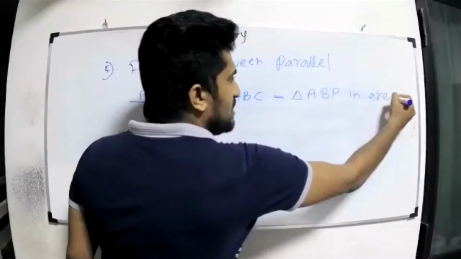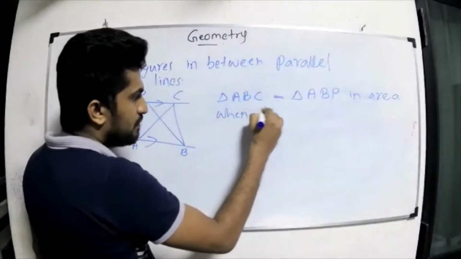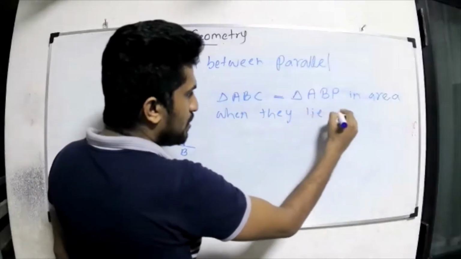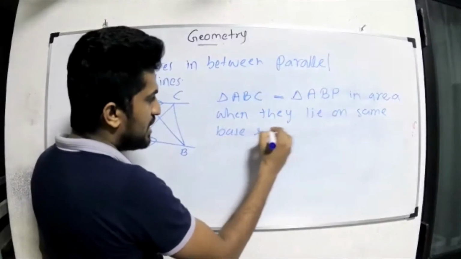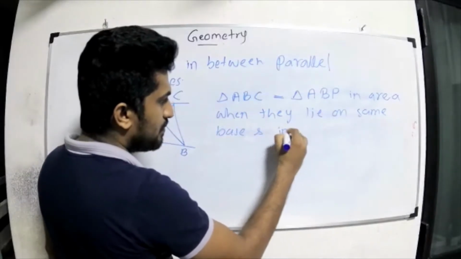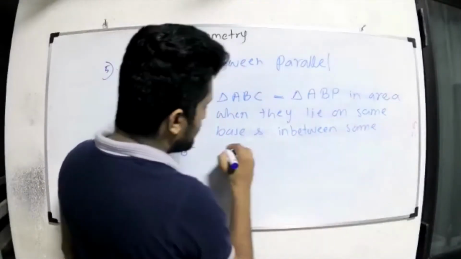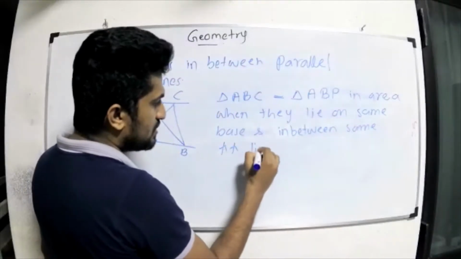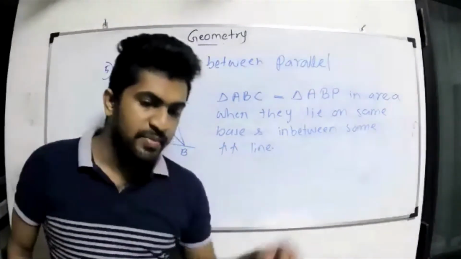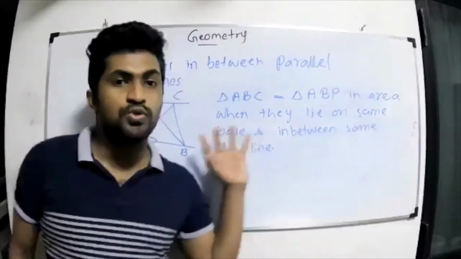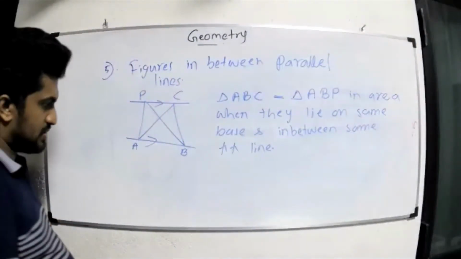Two triangles are equal in area when they lie on the same base and in between the same parallel lines. If the two triangles lie on the same base and in between the same parallel lines, those two triangles are equal in area. This is for triangles.